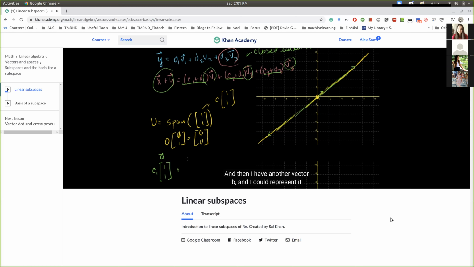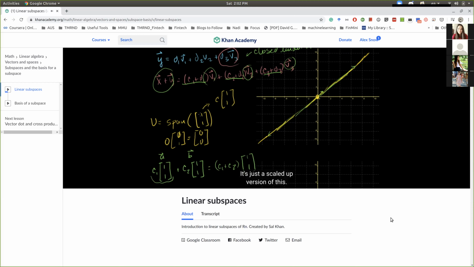And then I have another vector, B, and I can represent it as C2 times my one vector in my set right there. And so what is this going to be equal to? This is going to be equal to C1 plus C2 times my vector, right? This is almost trivially obvious. But clearly this is in the span.